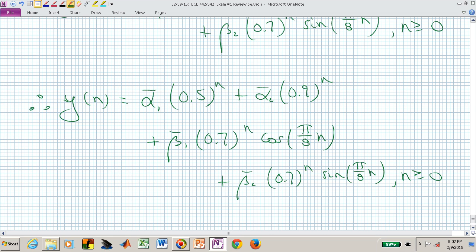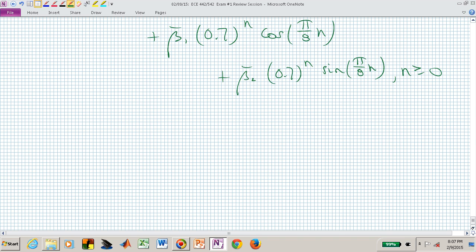So the sine and the cosine, how can I explain that again? Let me try to explain it differently. Is it clear that I could combine that sine and cosine into a cosine with a phase shift? Maybe not, but take something like this. Suppose that you had gamma 1, 0.7 to the n, cosine of pi over 8 n plus phi.